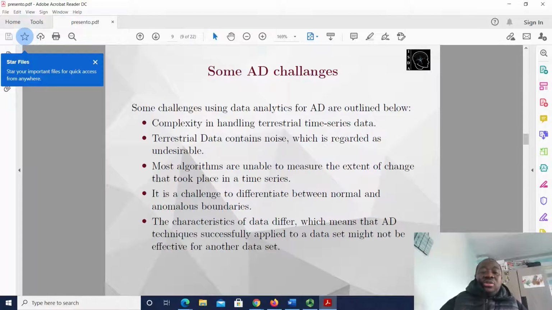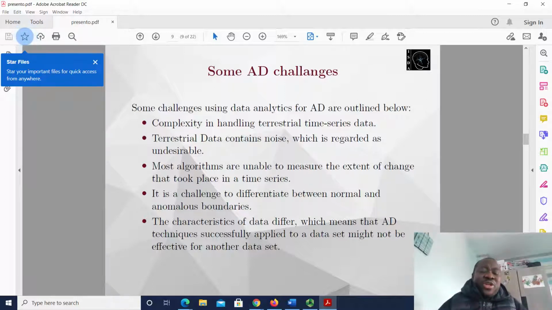Then we move to some challenges. We look at the general challenges of anomaly detection. Complexity in handling terrestrial datasets: terrestrial datasets contain noise, as we mentioned in the previous slide, which is regarded as undesirable. Most algorithms are unable to measure the extent of the changes that take place in the time series.